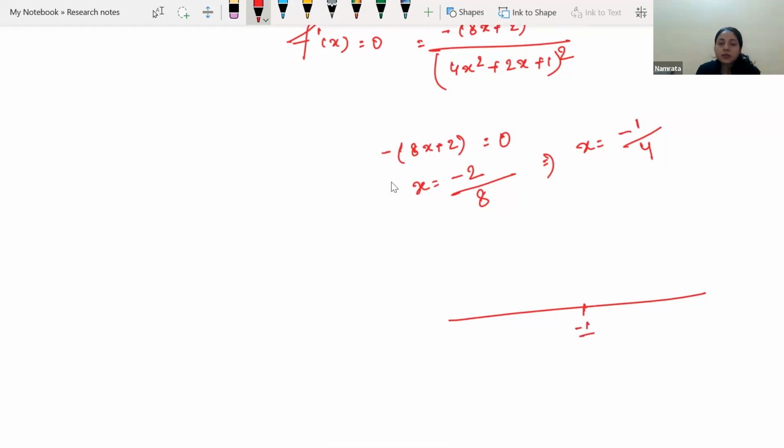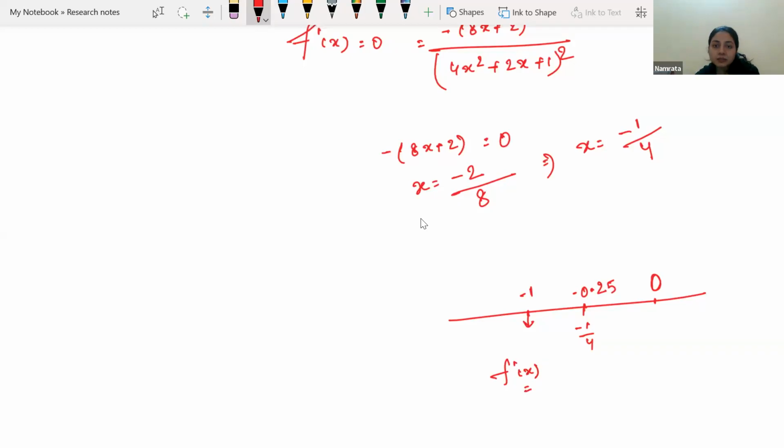Then let's apply the first derivative test. x equals minus 1 by 4, that means minus 0.25. We'll take one point towards the left and one point towards the right. So here we can take minus 1 and here we can take 0. Let's see whether f dash x is positive or negative.